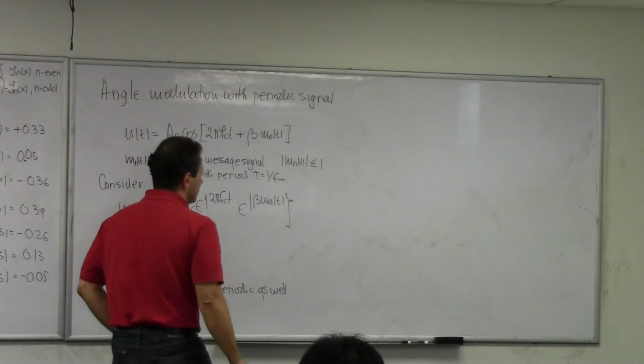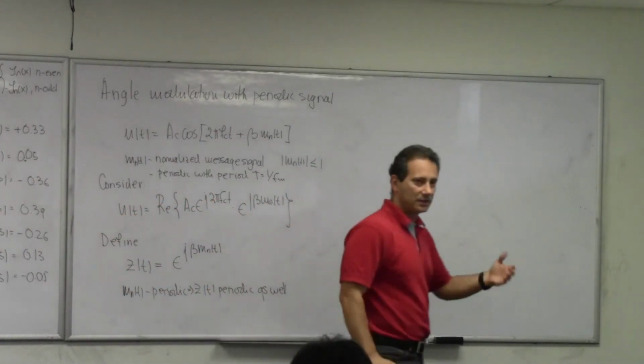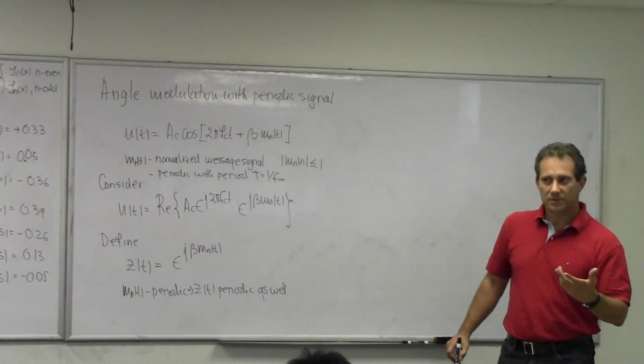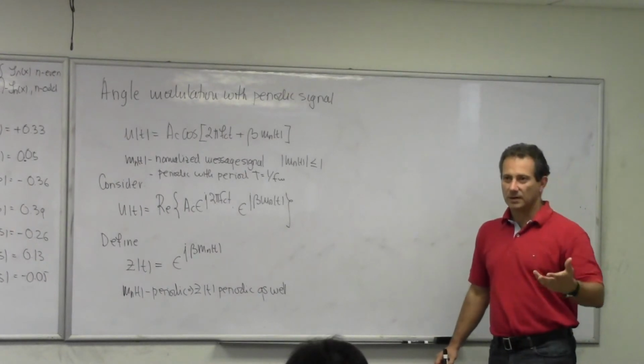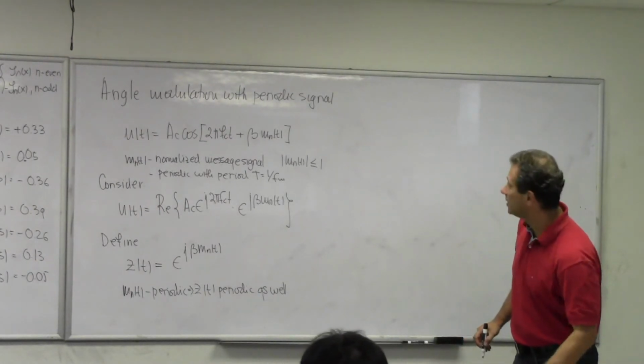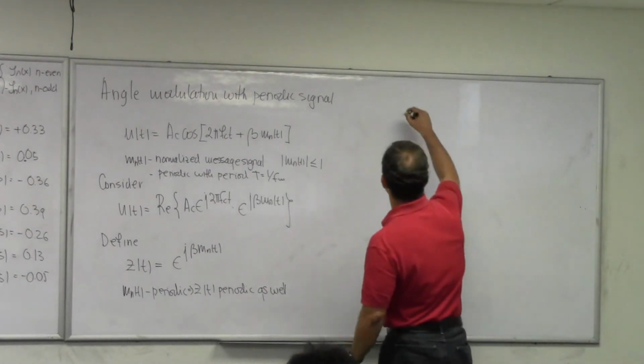Now, when I say the signal is periodic, what reaction does that trigger? Well, Fourier series, right? If I know the signal is periodic, I know that it has a Fourier series.